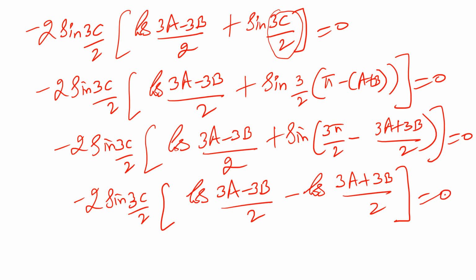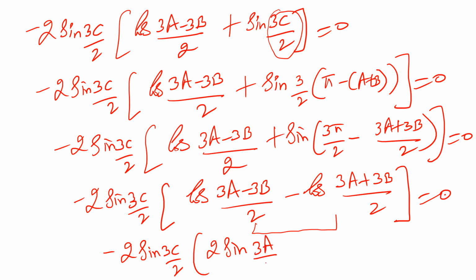Now here at this stage we can apply the formula cos (A minus B) minus cos (A plus B), because we will be treating 3A by 2 as A and 3B by 2 as B, right? So now I can write minus 2 sine 3C by 2 into, inside the bracket, 2 sine 3A by 2 into sine 3B by 2, because we know that cos (A minus B) minus cos (A plus B) is nothing but 2 sine A sine B, right?